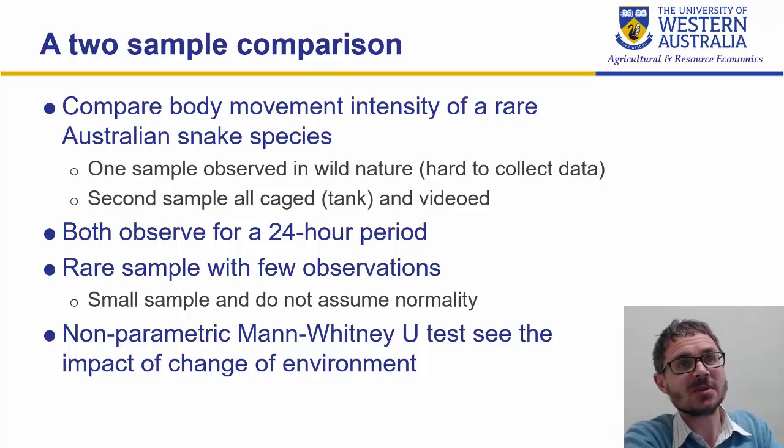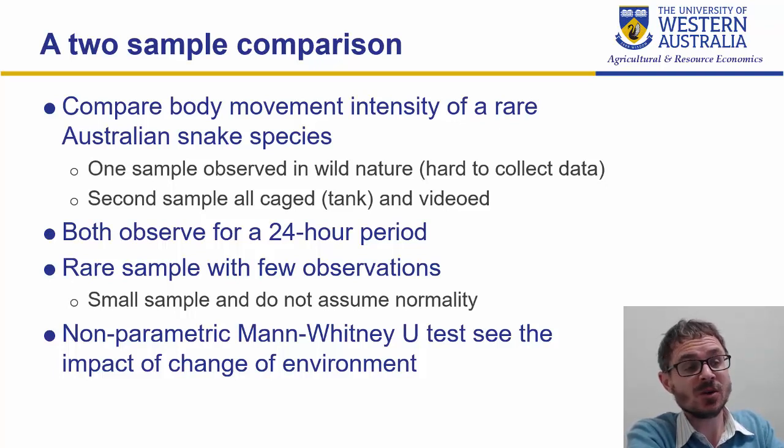So we might have set up some cameras underwater to collect this kind of information, sampling for 24-hour periods. This is quite expensive and difficult to do, but we've got some data, or at least someone in our research team has been able to get some wild observed data. And so we've got our snakes in the tank.